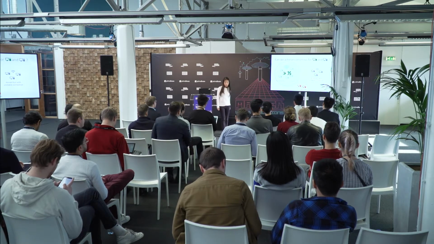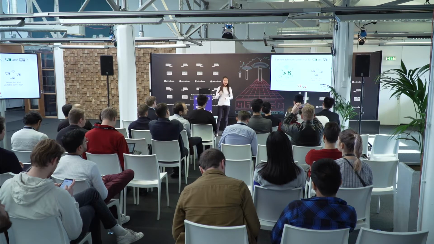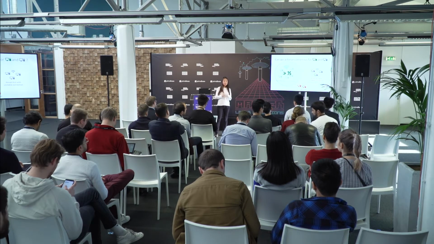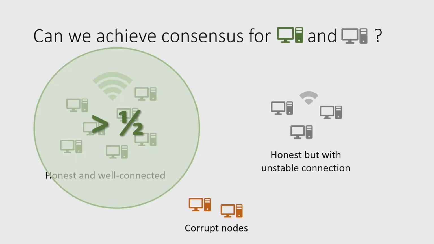So I'm going to talk about how to fix the Thunder protocol that I talked about earlier, to make it guarantee consensus in this case, and how we can even do better, reaching a stronger notion where we guarantee consensus in a more dynamic network.